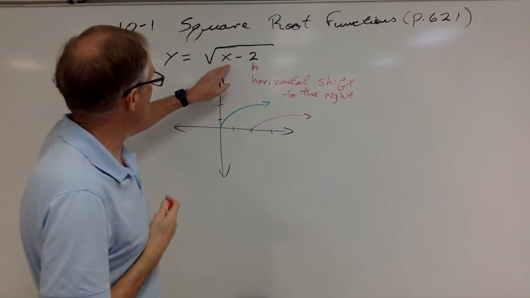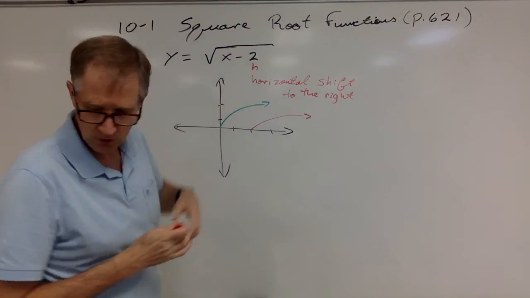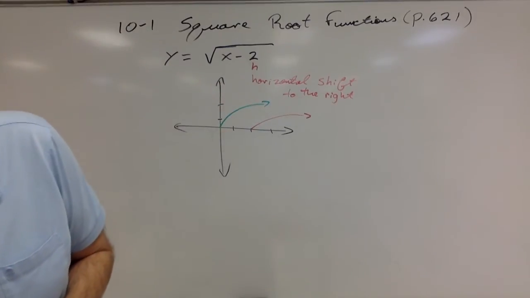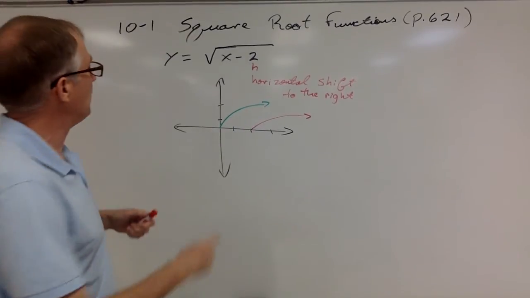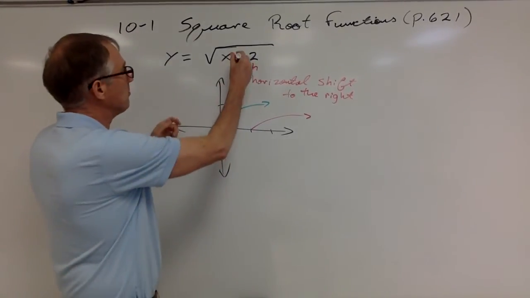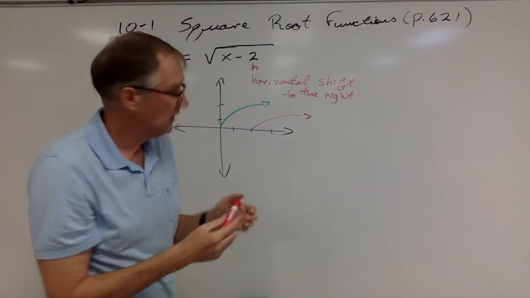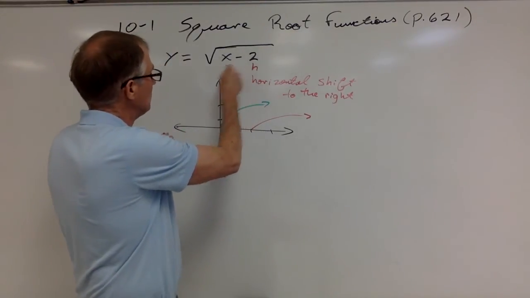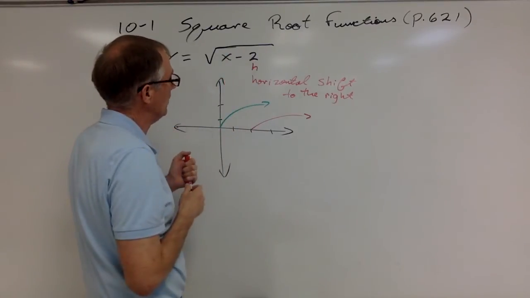That's x minus a positive 2. It's a positive shift to the right. If I had put x plus 2, I would have shifted it to the left. It's counterintuitive. x minus 2, I shifted it to the right. This is a horizontal shift.